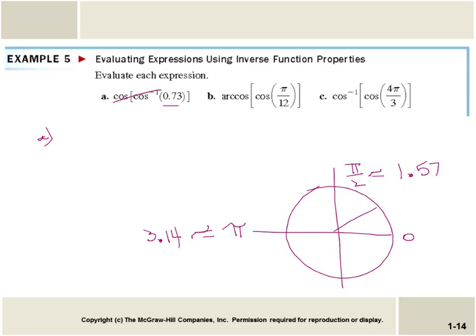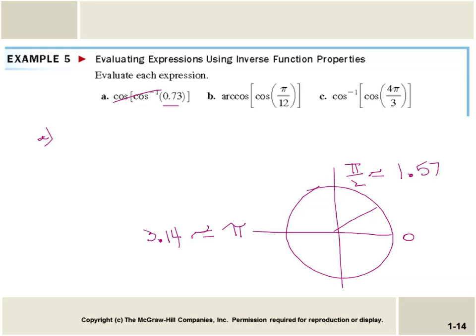Okay, Lauren, what's B? Pi over 12. Exactly. That's all it is.